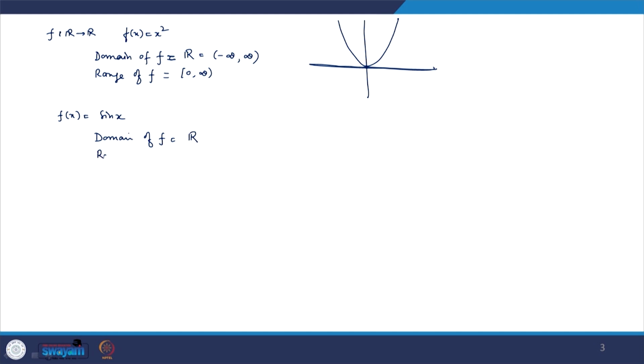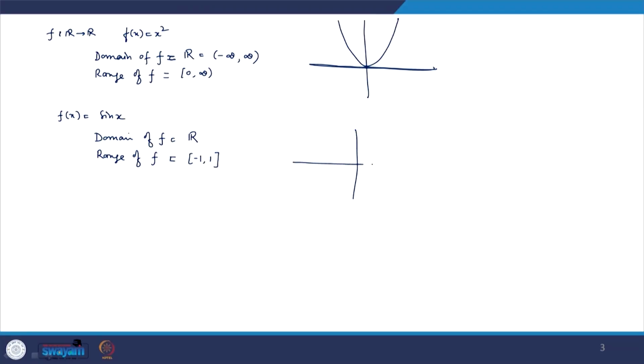Now, what is the range of this function? The range will simply be -1 to +1, because sin always lies between plus and minus 1, it can never exceed 1 or be less than -1. We already know this, as if you draw the graph of sin x, it will be something like this.